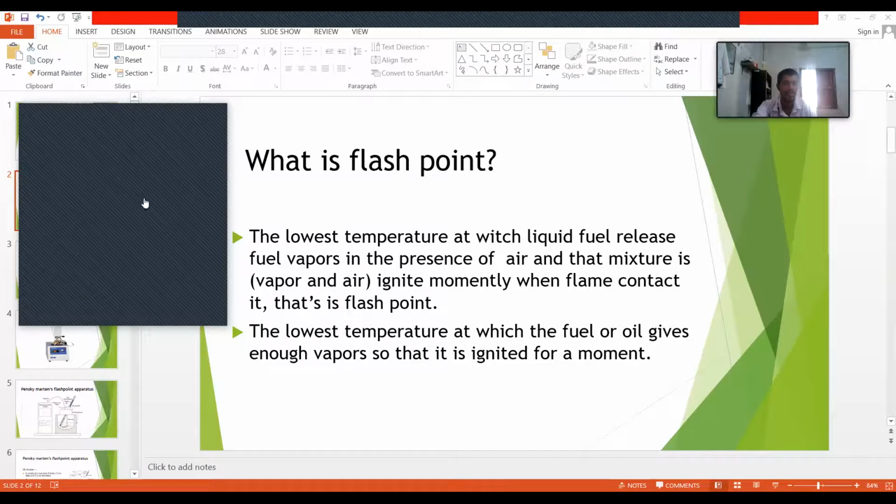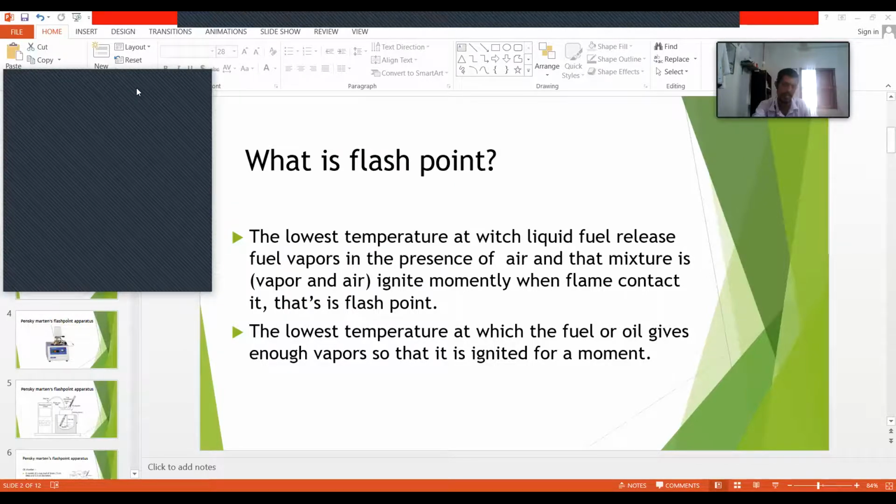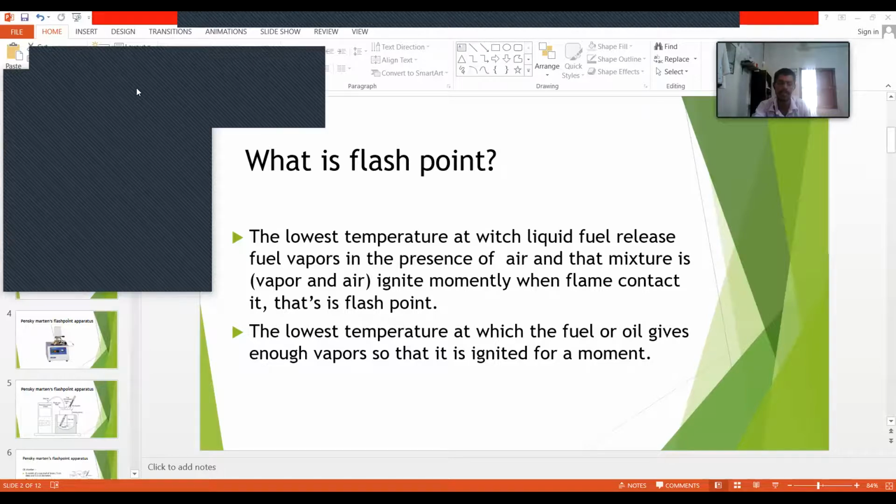Yes, sir. You are here. Okay, well. Then Tenakon. Did you, what is the flash point temperature we get for the diesel? We had done it for the diesel, no?